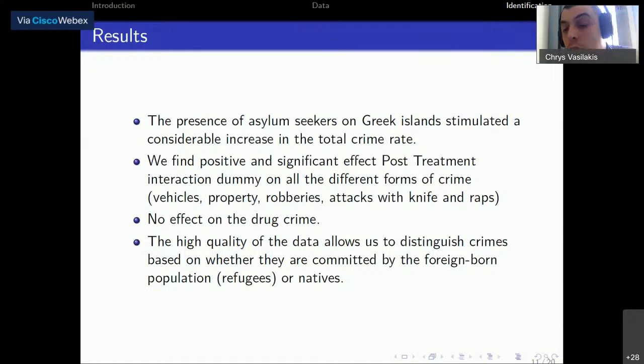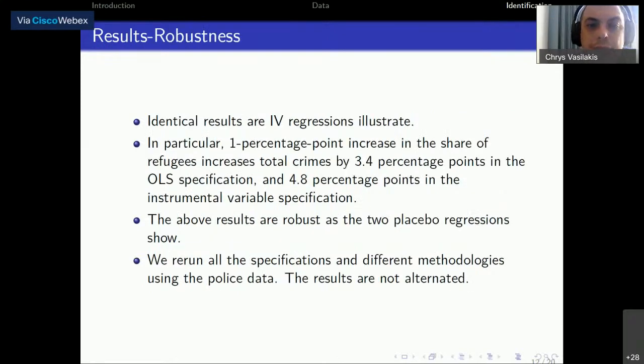And the results show that the increase in crime is driven by the foreign-born population. The results in the IV regressions are identical to the ones we obtained with the difference-in-differences. As a particular example, a 1 percentage point increase in the share of refugees increased crime by 3.4%, and 4.8% with the instrumental variable specification.